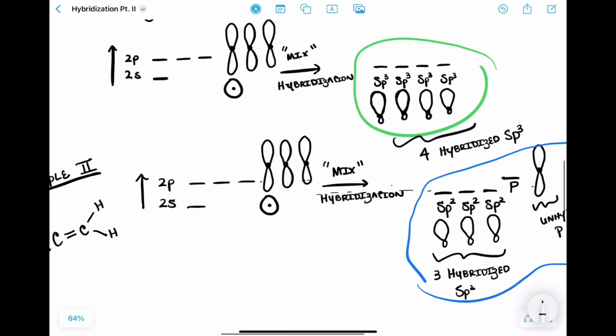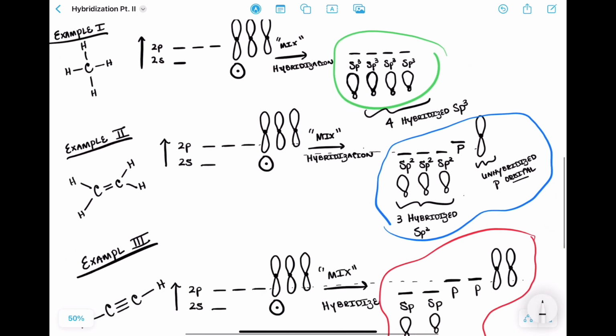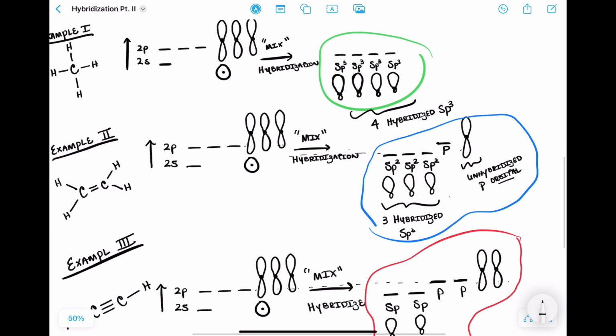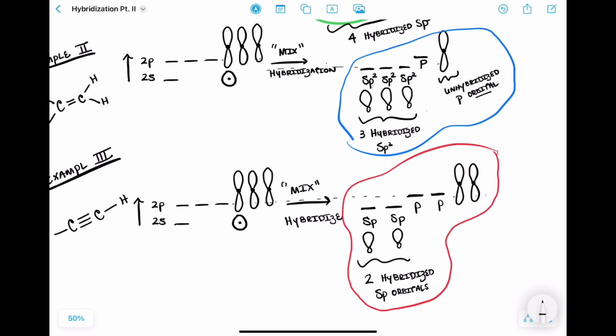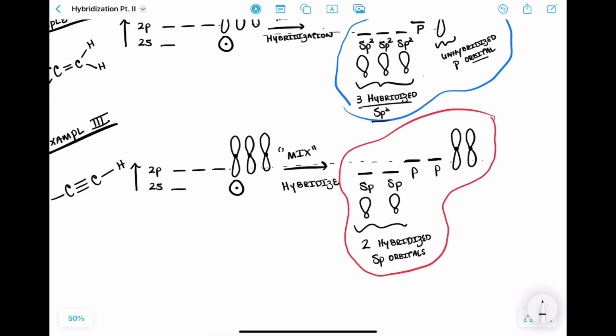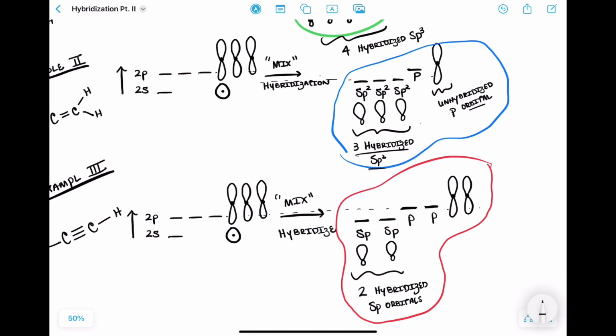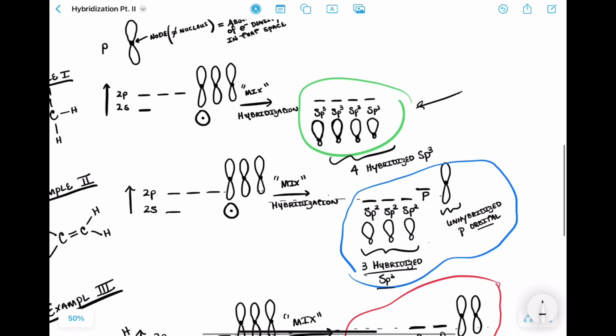We can have four equal sp3 hybridized orbitals, three sp2 hybridized orbitals, or two sp hybridized orbitals. When we have two sp hybridized orbitals, that leaves two unhybridized p orbitals. When we have three sp2 orbitals, that leaves one unhybridized p orbital. And lastly, when we have four sp3 orbitals, we have zero unhybridized p orbitals.